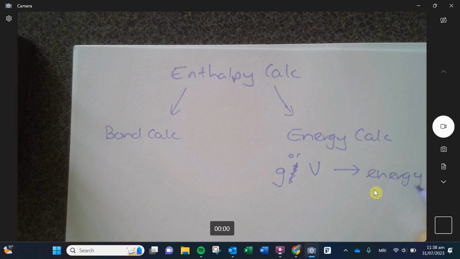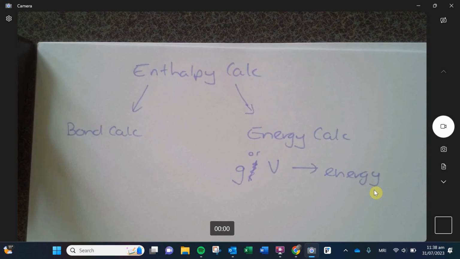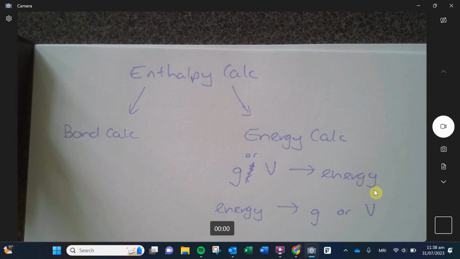So that's one way they do it. They can also ask this question in reverse, where they give you an energy value and you work backwards to find how many grams are going to be needed or created, or what volume of solution you need.